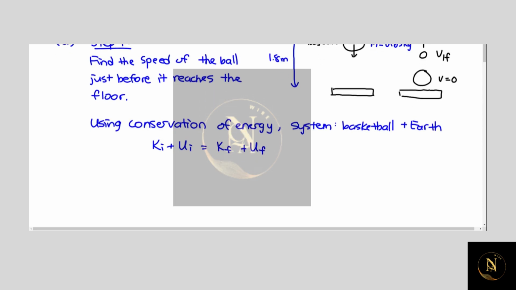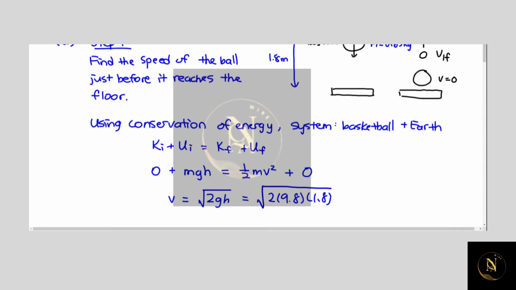Ki is 0, Ui is mgh, Kf is half mv squared, and Uf is 0. So v is the square root of 2gh, which is 2 times 9.8 times 1.8. You take the square root, and you get 5.94 meters per second.